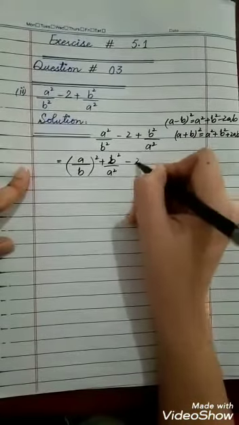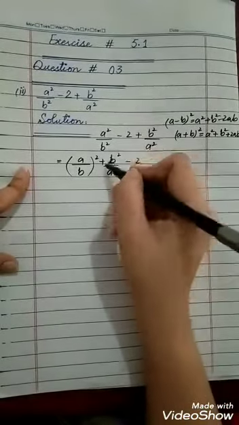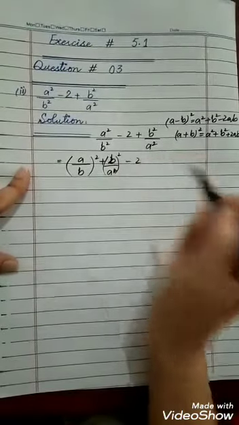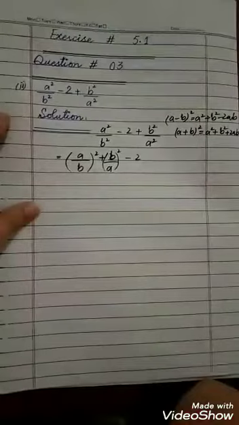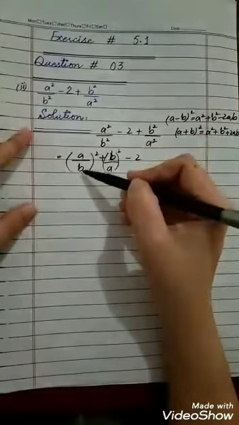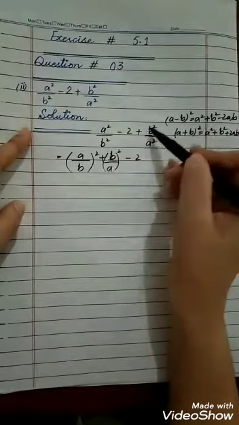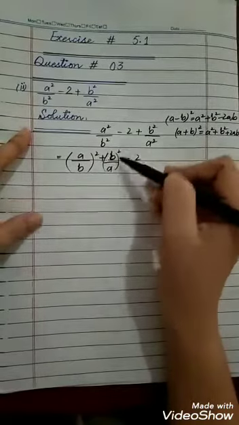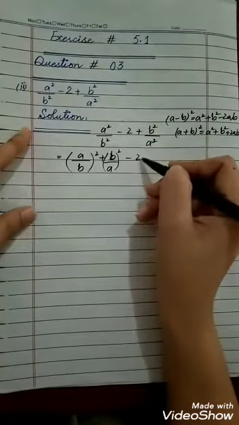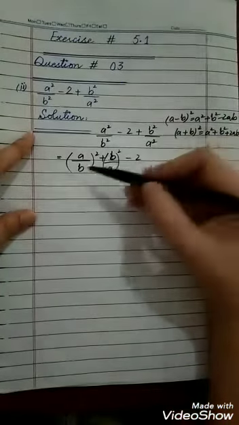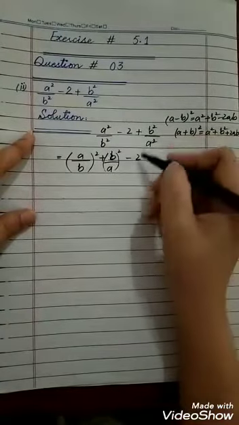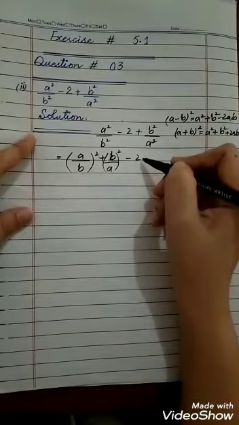b square minus 2, it will be whole square. So here we have changed the places: a over b whole square plus b square over a square whole square, because b square over a square, so we can write it as combined, minus 2. Now a square plus b square minus 2 into a is left.